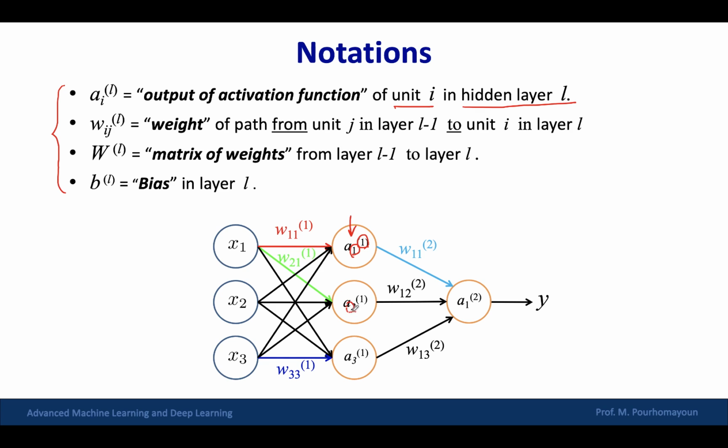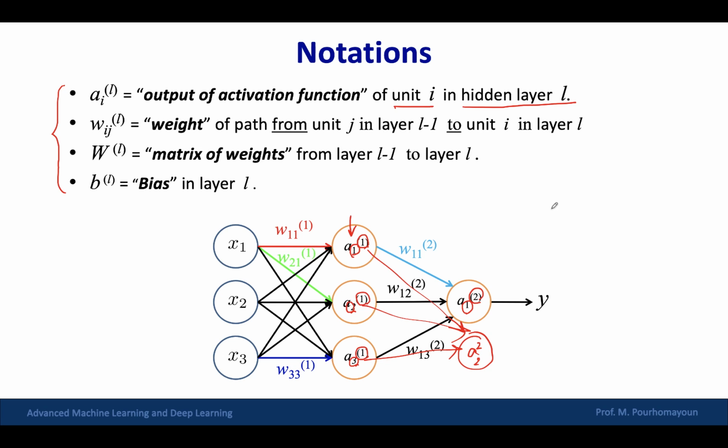This is unit 2 in hidden layer 1. This is unit 3 in hidden layer 1. And this one is unit 1 in hidden layer 2. We could have another neuron here, and if we had it, then it would be a2 superscript 2.